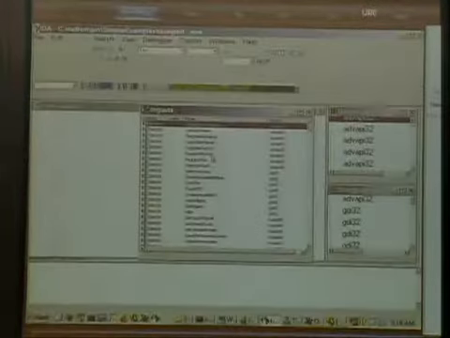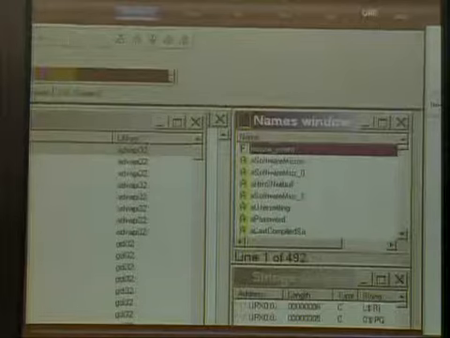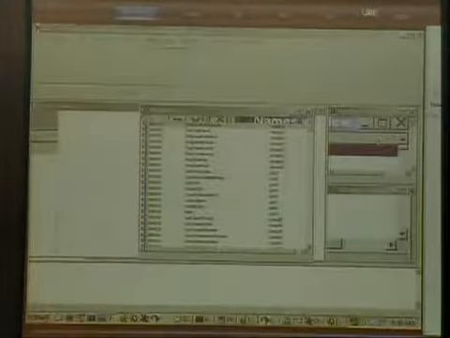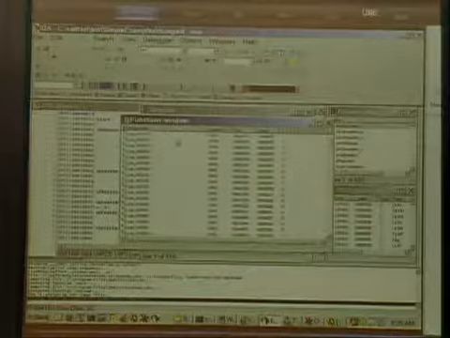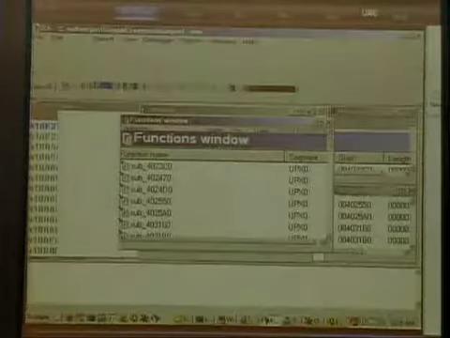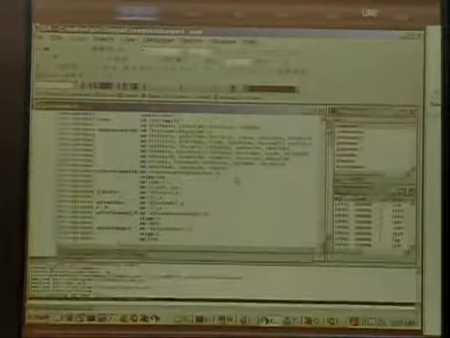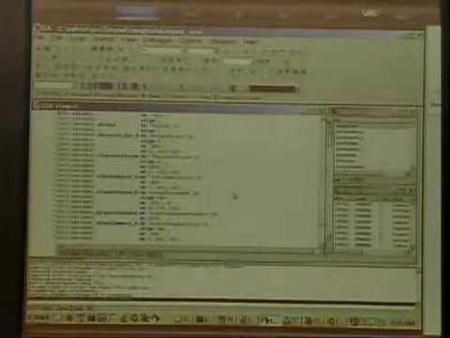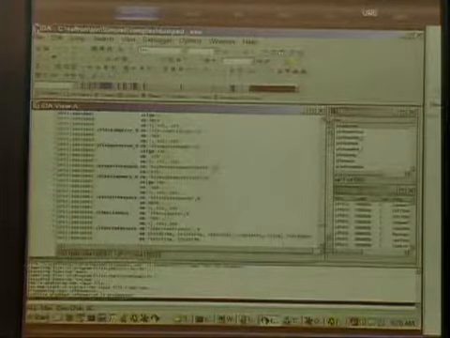And here we have imports where before we had nothing. The names window is populated. So this is an example of a simple packer and how you go through deobfuscating it so that you can analyze the malware. We got all the functions. We have actual disassembly that makes sense. You can see a bunch of functions here. So that's that.